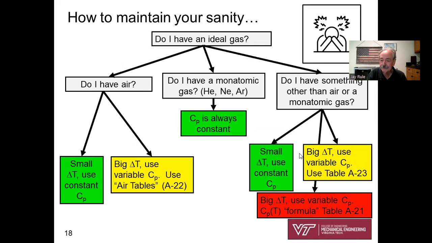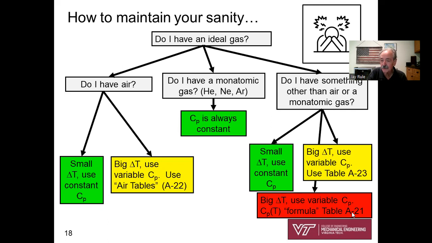Big delta T, you've got 2 choices. One is you can use table A23 to look up tabulated values in which someone did the integrals for you, or your instructor may direct you to go all the way back to the analytical formulas and perform the integral.